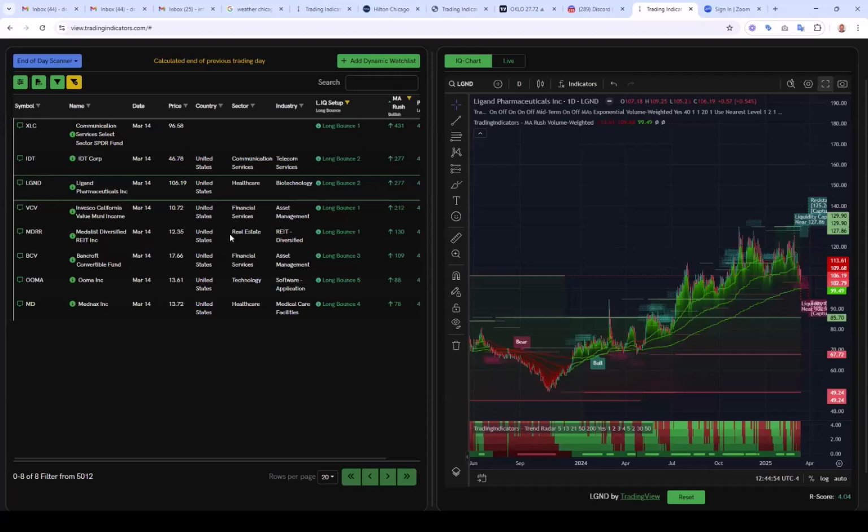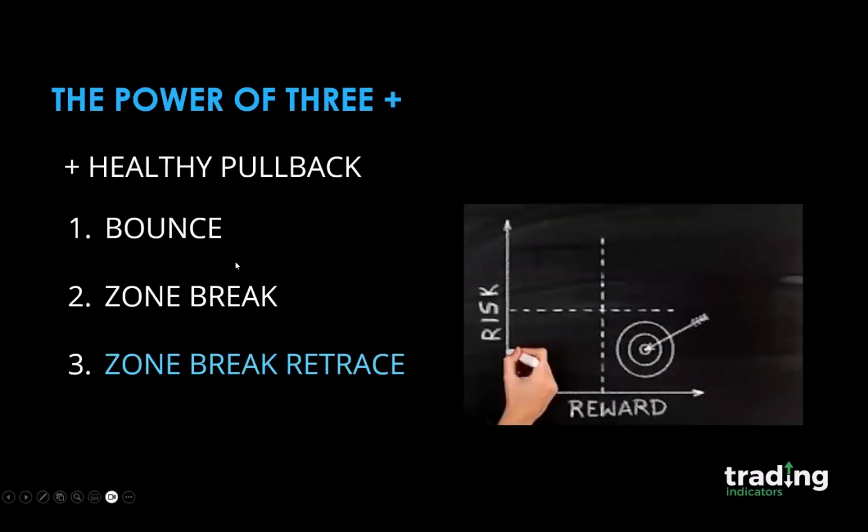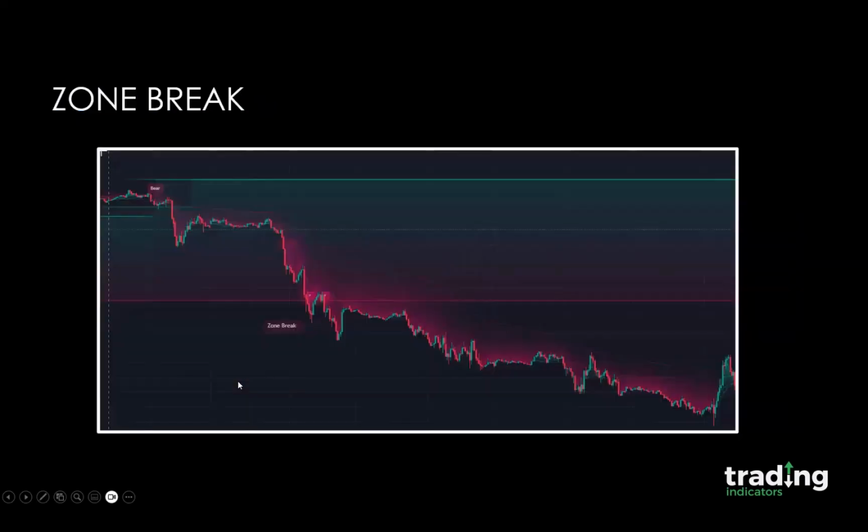Okay, so back to my slides and let's go to our next setup. I'm going to combine two setups in one shot, our zone break setup and our zone break retrace setup, because particularly the zone break retrace setup is of particular interest to me. Okay, so what is a zone break? Well, a zone break is when either support is lost and price will then follow through to the downside.